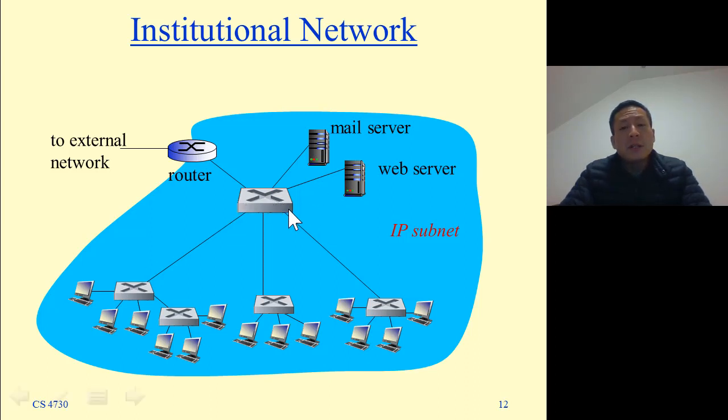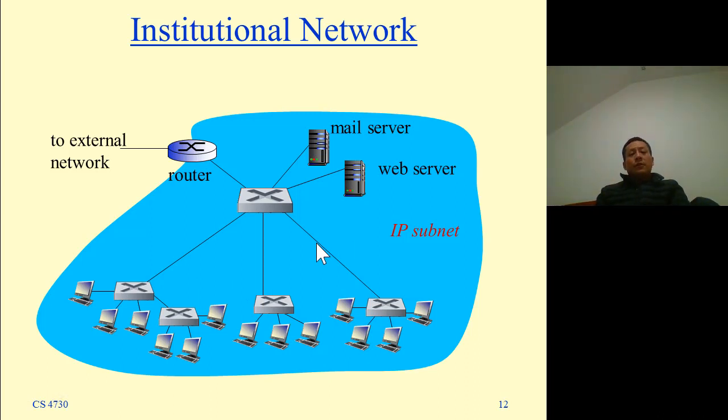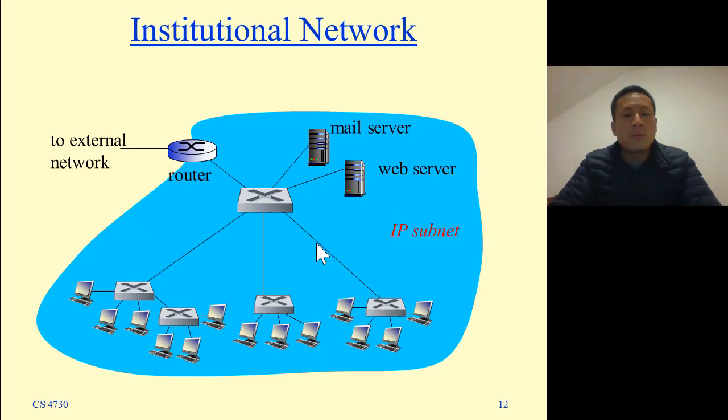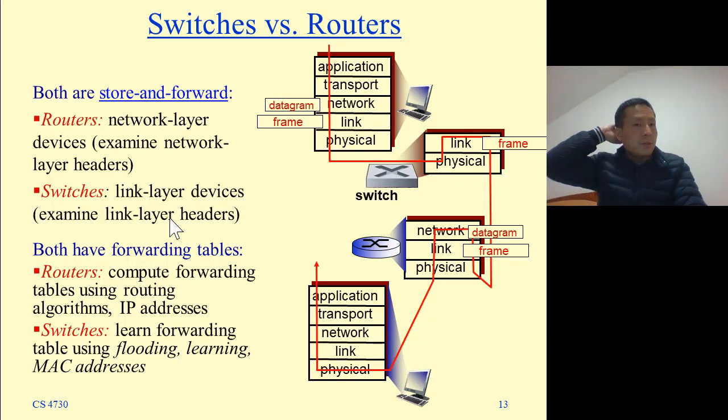And the switches may connect to servers like mail servers, web servers, and then the other hosts. It's a very typical institutional network structure. So switches are very commonly used.